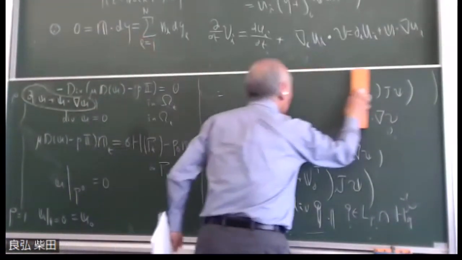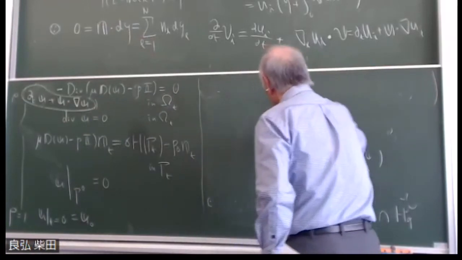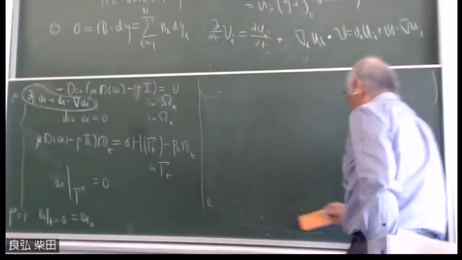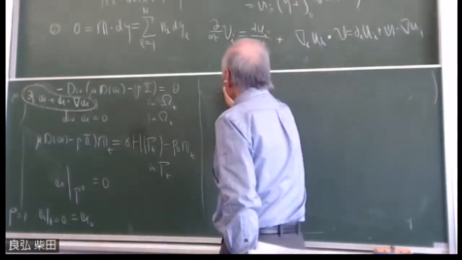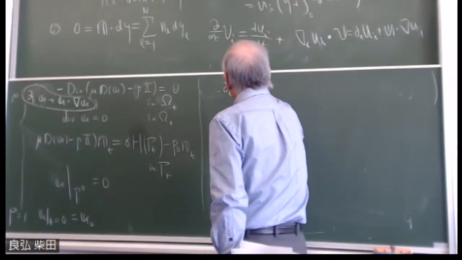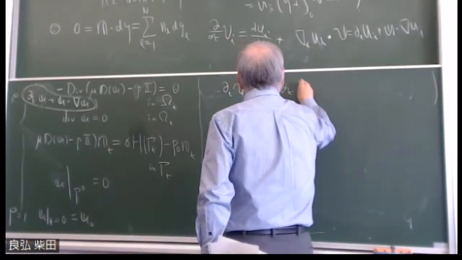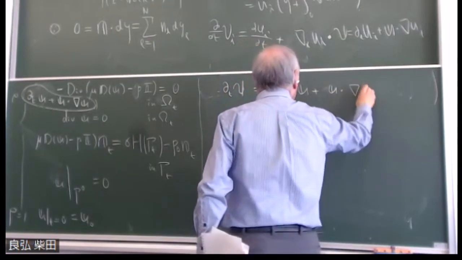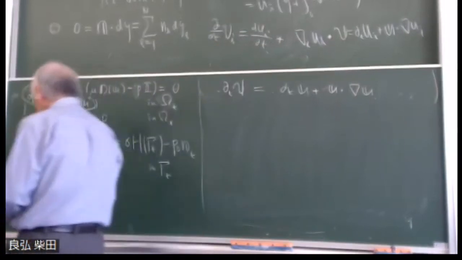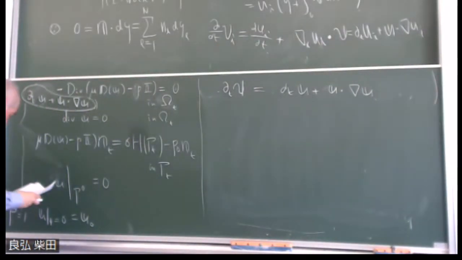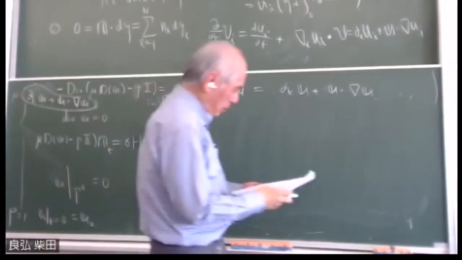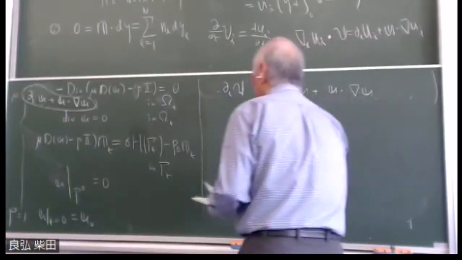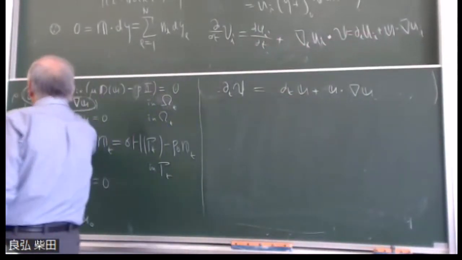The time derivative becomes simple. So dtv is equal to dtu plus u nabla u.